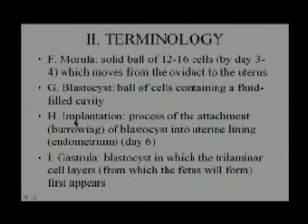Implantation is the process during which the blastocyst attaches to the mucous membrane, the lining of the uterus, referred to as the endometrium. The time between fertilization and the beginning of implantation is called the pre-implantation period of embryonic development. This is a 6-day period.